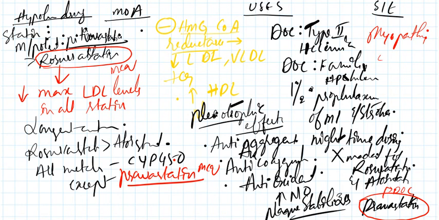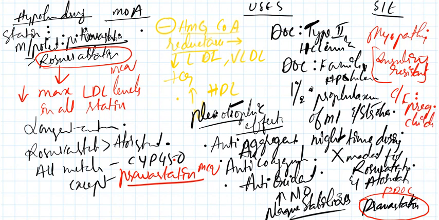This is important. So always be cautious while prescribing for diabetic patients. They are contraindicated in pregnancy, and in children less than 10 years.